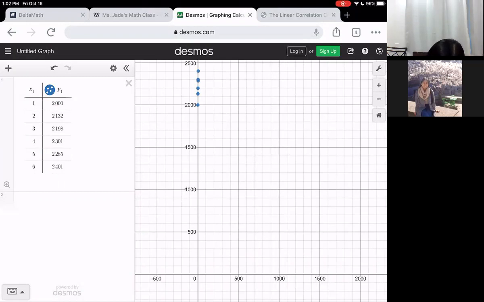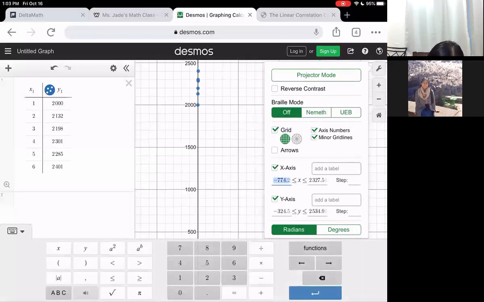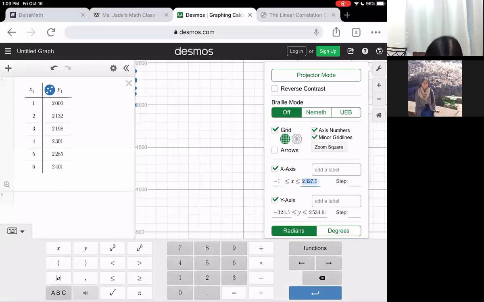Do you see settings right over there where the pop-up just came out? On our x-axis, we don't want it to be from negative 774 all the way to 2,327. We just need it to go from, let's do negative 1 all the way to 7.